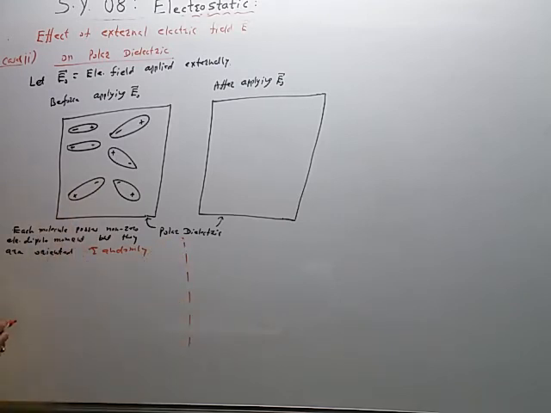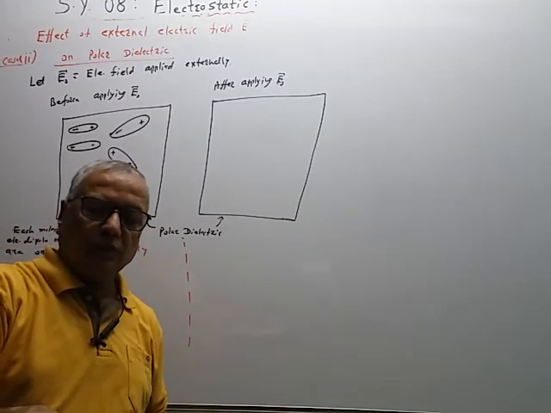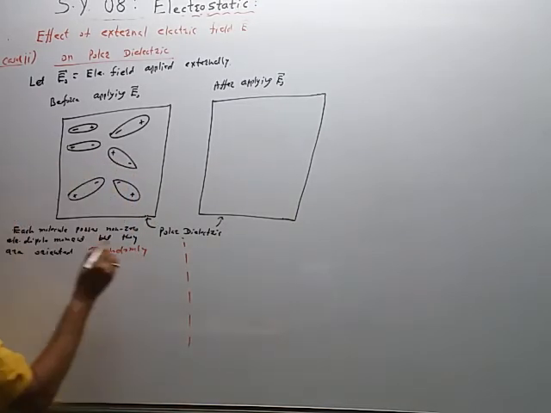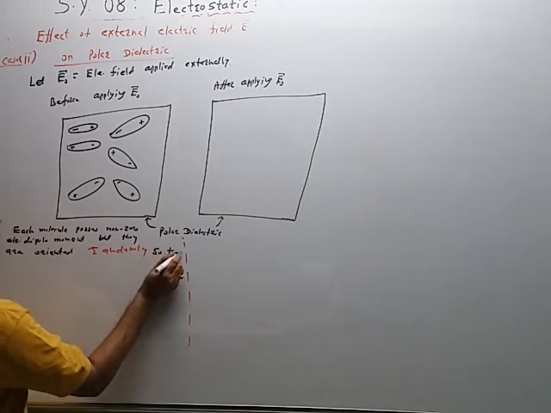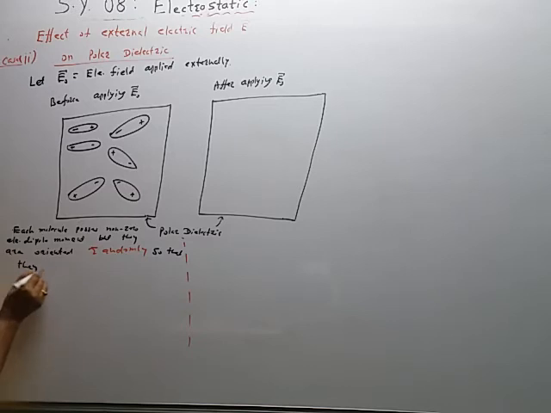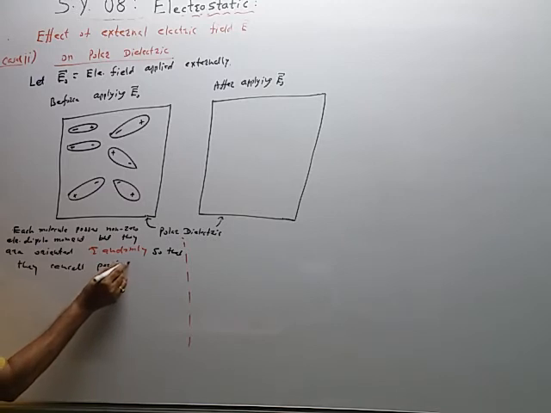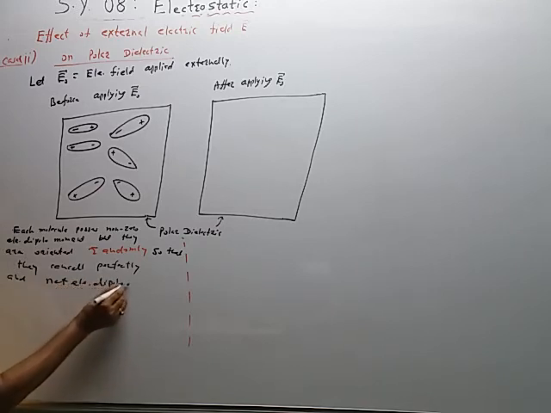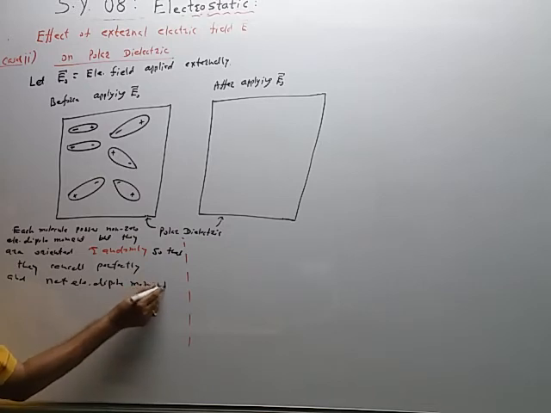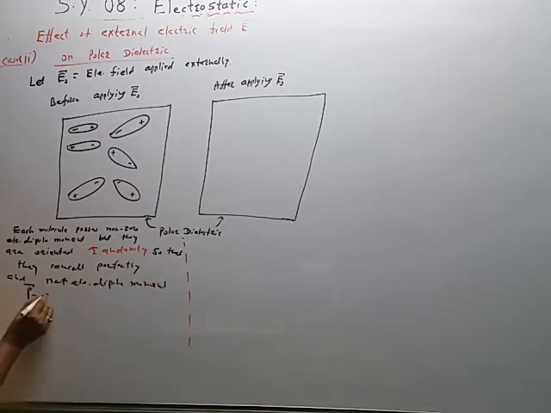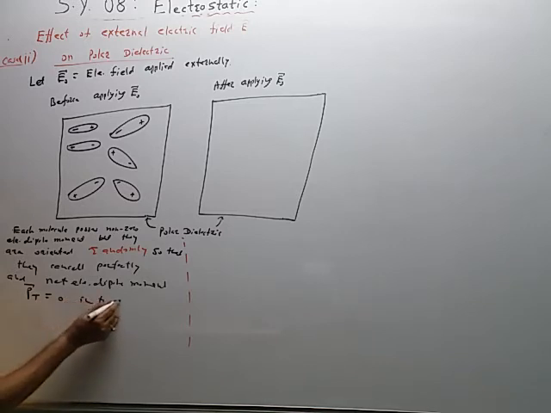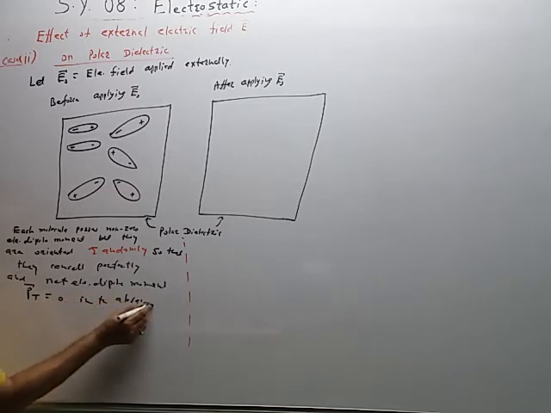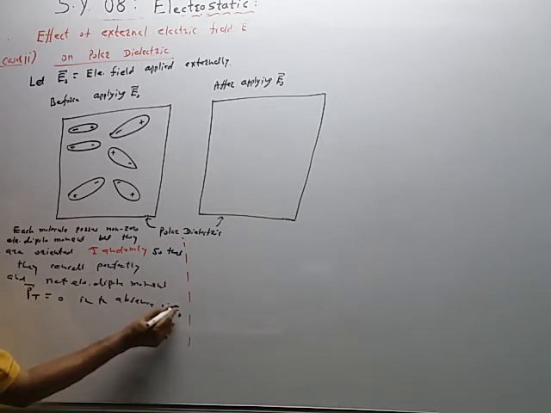They are oriented randomly so that they cancel perfectly, and the net electric dipole moment P_T is equal to 0 in the absence of the electric field E_0.